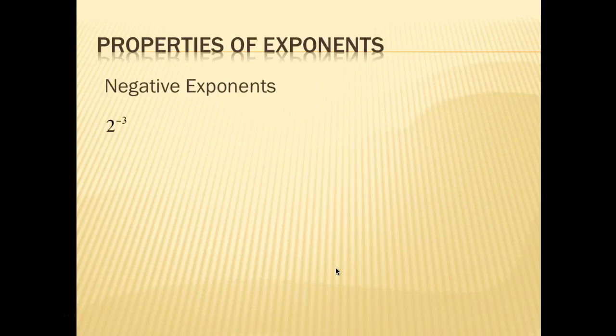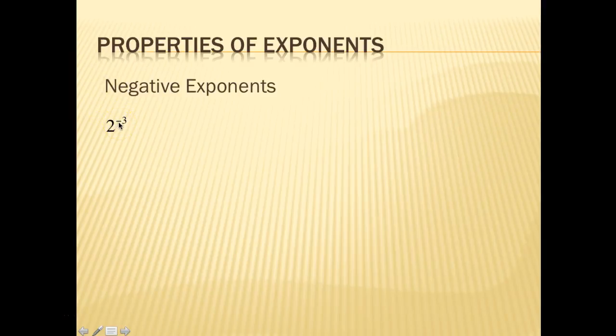Negative exponents. 2 to the negative 3. So what happens with negative exponents is you can never leave your answer with a negative exponent. So you have to eliminate the negative exponent. And the way we do that is this power always moves into the opposite position in order to remove the negative exponent.